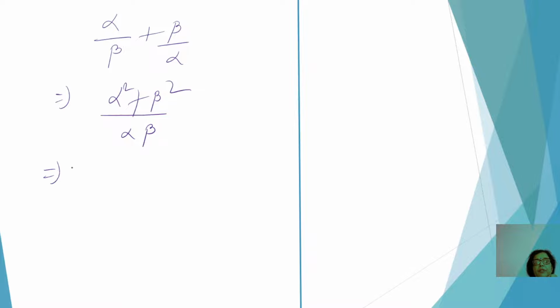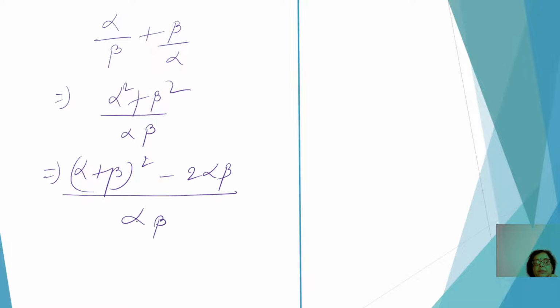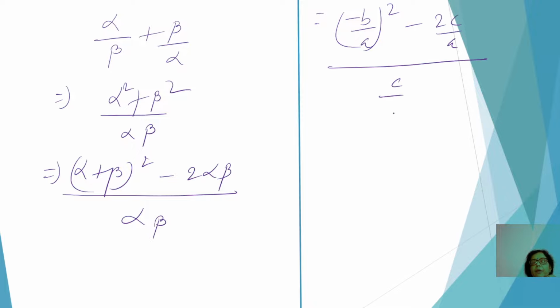Now again, alpha square plus beta square can be written as alpha plus beta whole square minus 2 alpha beta by alpha beta. So this becomes equal to alpha plus beta whole square is minus b by a the whole square minus 2c upon a divided by c upon a.